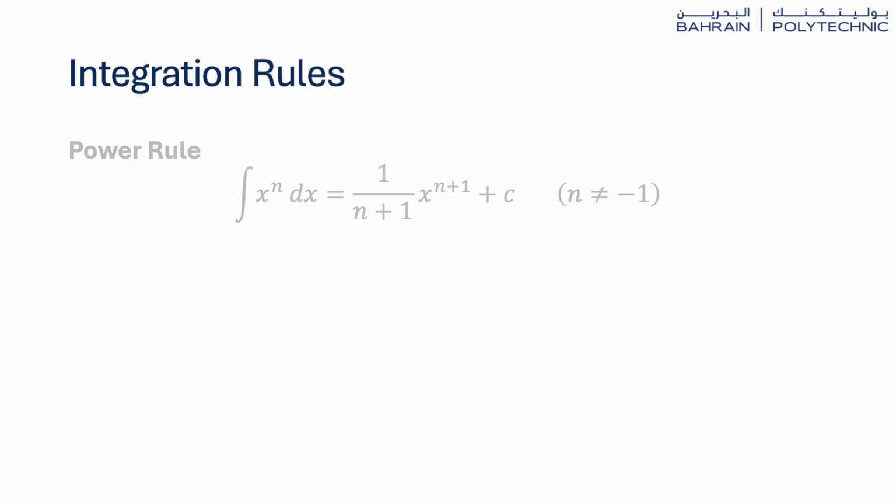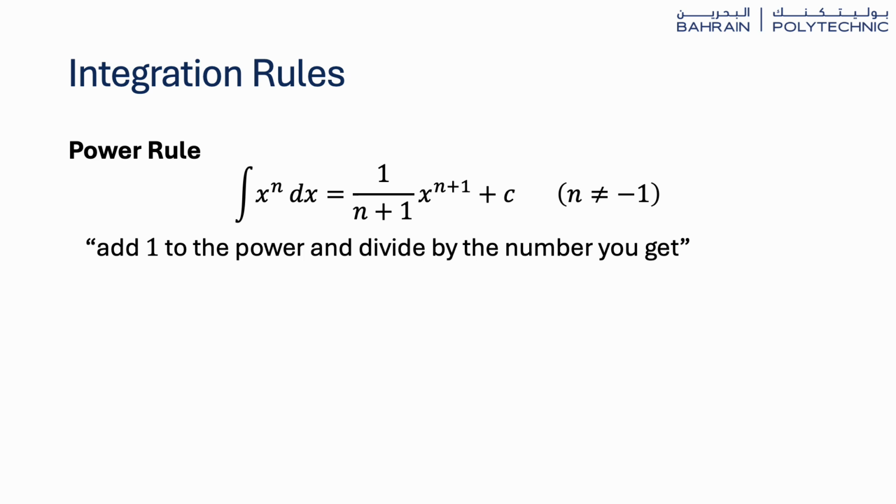The first integration rule we will discuss is the power rule. When we have x to the power n, the result will be x to the power n plus 1 over n plus 1, plus c, because we always have to add the constant, because the differentiation of constants is just 0.